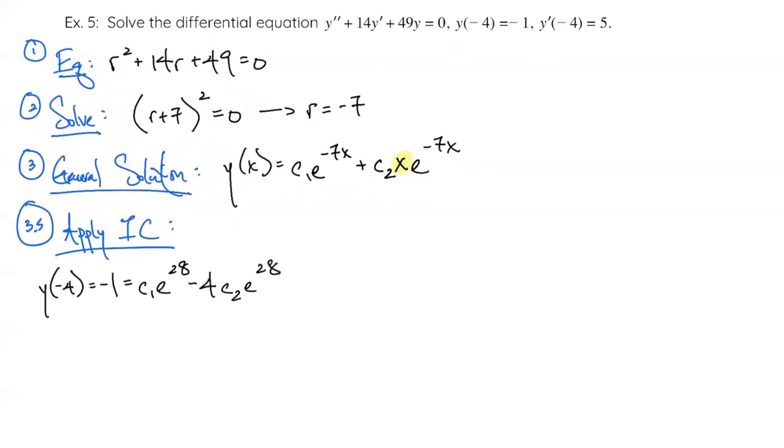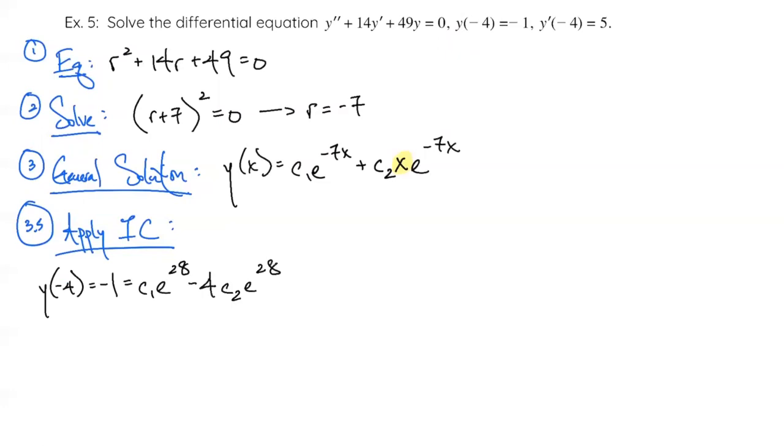And I believe we get something like this for our first equation: -1 equals c1 e to the 28 minus 4c2 e to the 28.